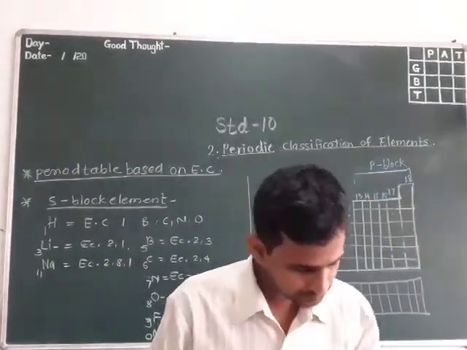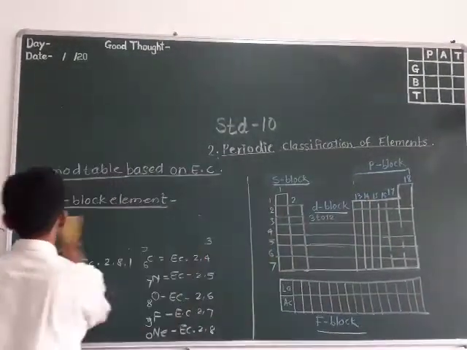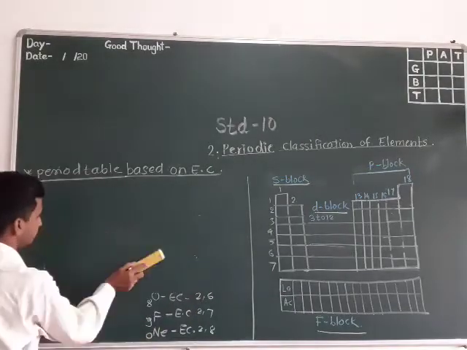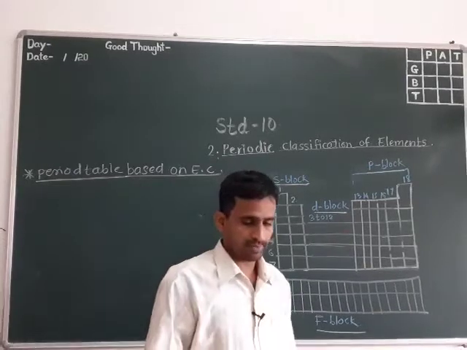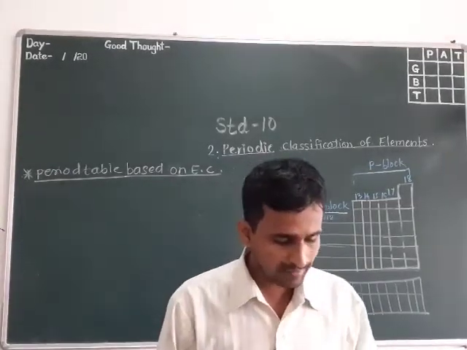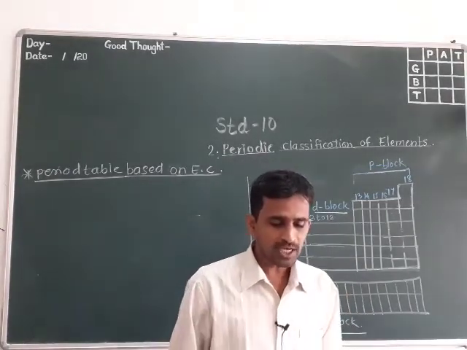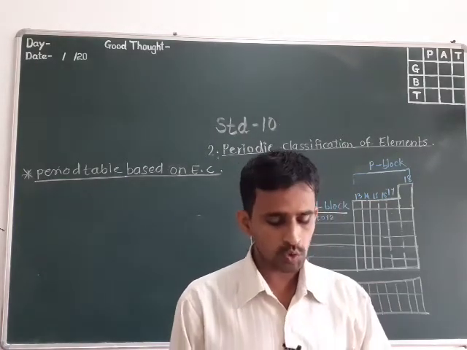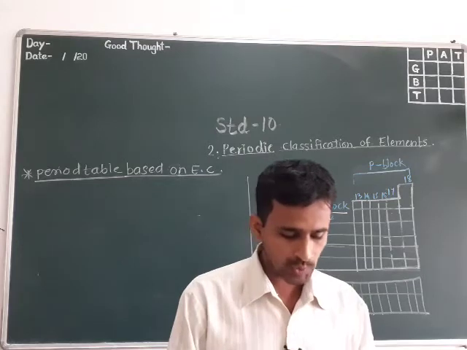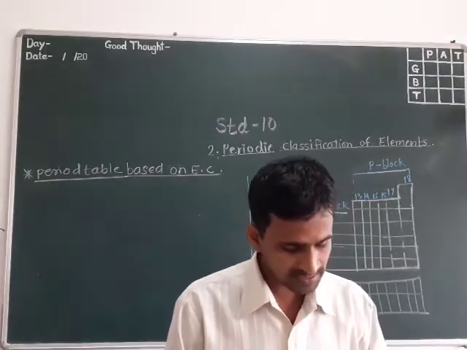Next one is D block elements. Groups 3 to 12 are known as D block elements. These elements have the 2 outermost shells incomplete. They are known as transition elements.